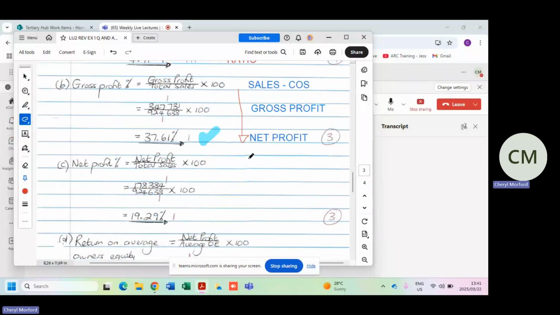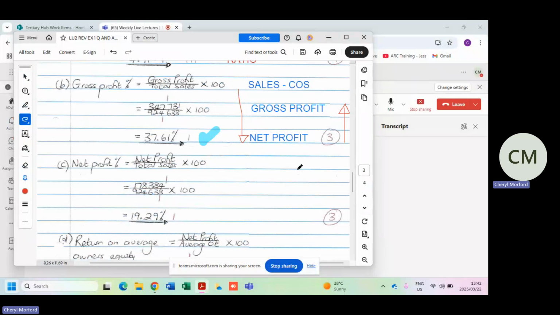You just need to remember that you could start with net profit if you had that, and you could work your way up that way. So anything that you would normally have subtracted, you'd now add. Anything that you added, you would now subtract. So that would be a possible situation. But in this question, no need because the numbers were there.